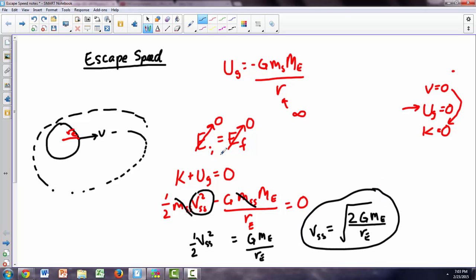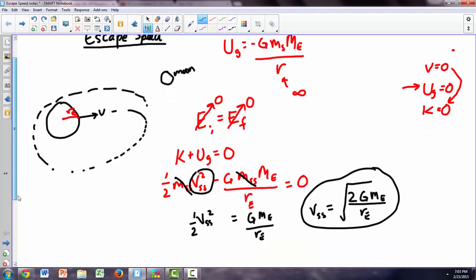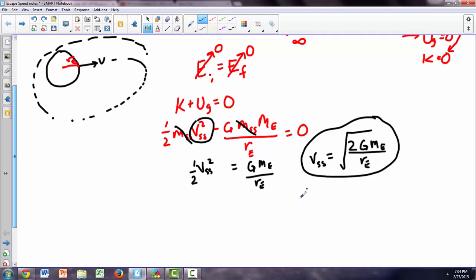So when we went to the moon, to escape the gravitational pull of the Earth, the Apollo spaceship had to get going at this escape speed. So let's just figure out what that is for the Earth. You know what the value of G is? It's 6.67 times 10 to the negative 11th.